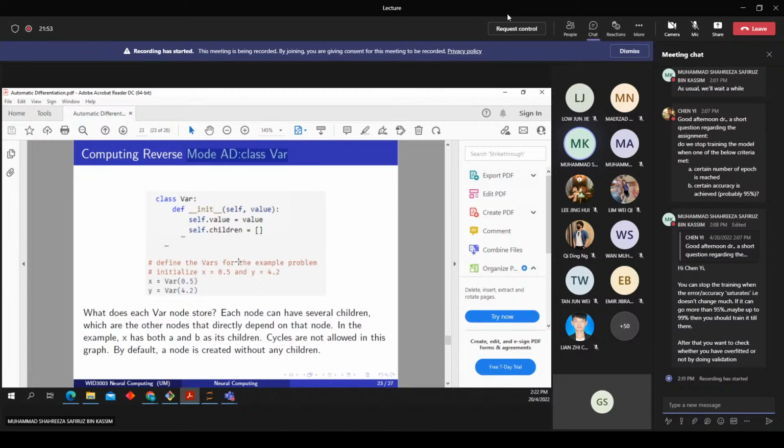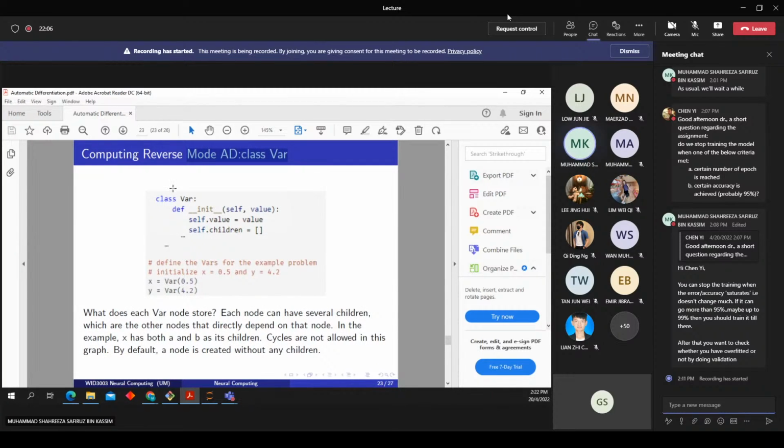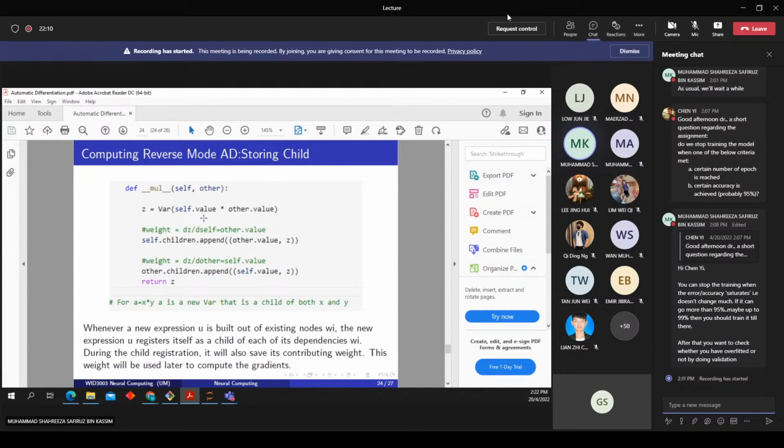I'm just going through this briefly before we go into details. In this class of var, we also have to define the differentiation rules, as we have done in the forward AD computation.